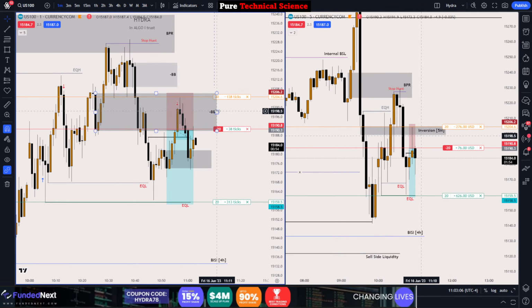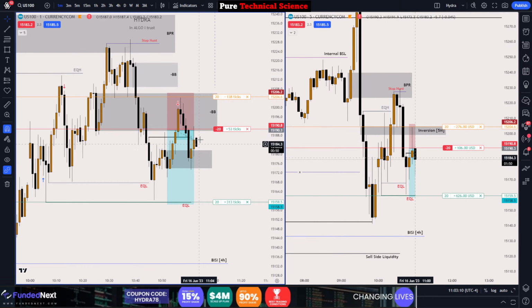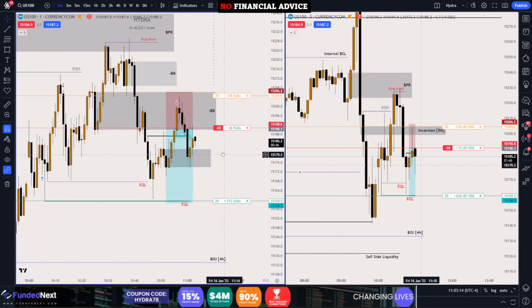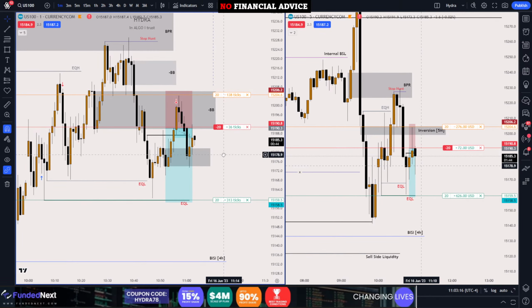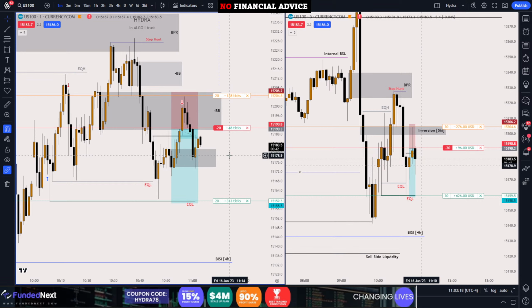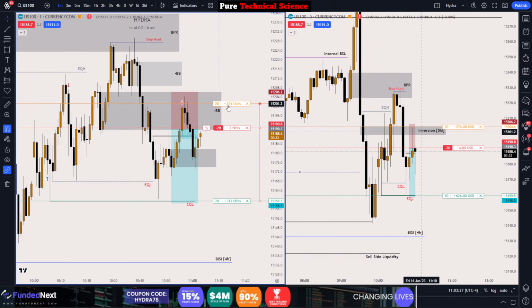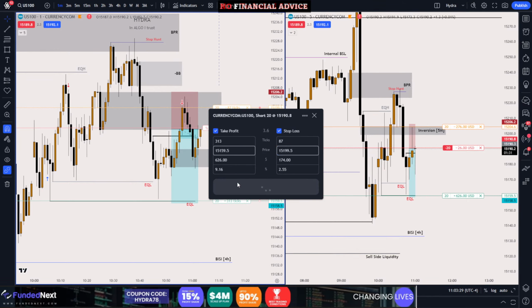So price hit the breaker block again. Now I'm expecting to see an immediate rejection. If price is coming back to the breaker block again, my whole trade idea is wrong. So I'll put my stop loss here above this candle's body.